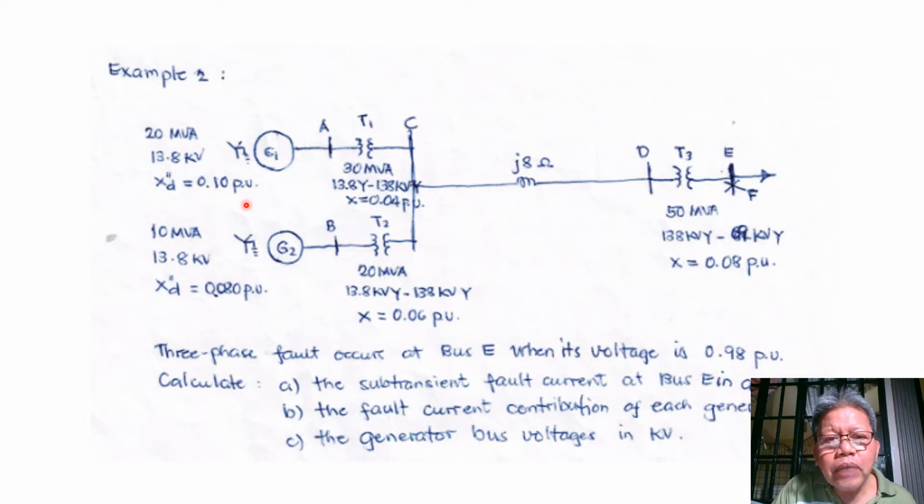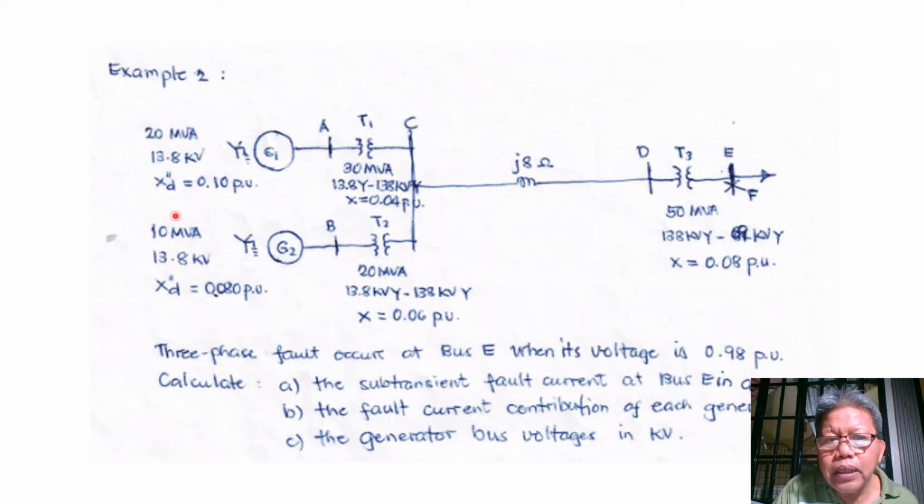So in this problem, we will be considering the condition where we want to obtain the fault currents and the sequence voltages and sequence currents at the point of fault, at the instant the short circuit happens.